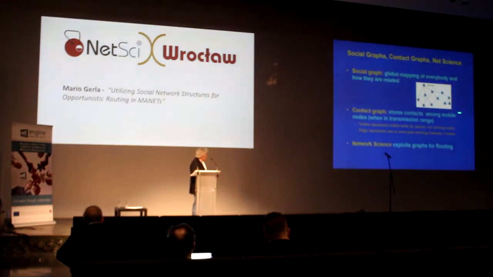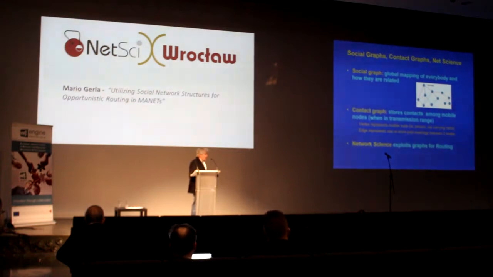And the edges represent the fact that these nodes have met in the past. So the contact means that nodes have met in the past and with some frequency, and we'll see the details in a moment. So this is the angle of the way we apply network science in our project.